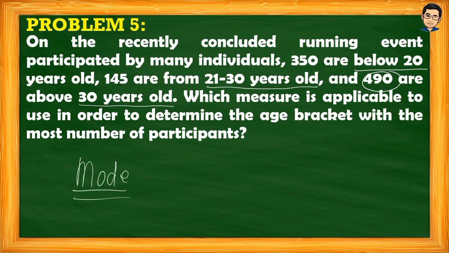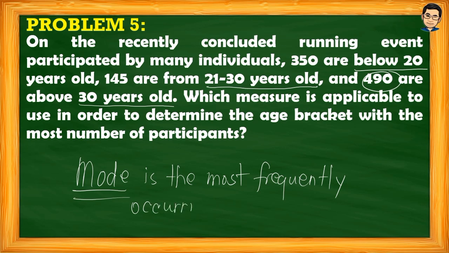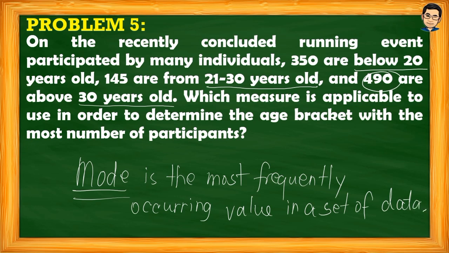Tandaan natin that mode is the most frequently occurring value in a set of data. So, tinatanong lang naman kasi kung ano yung age bracket ng with the most number of participants, kaya mode po ang ating gagamitin.